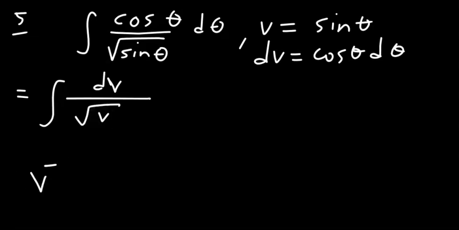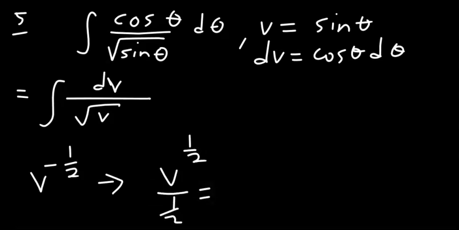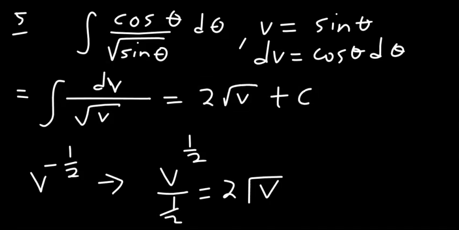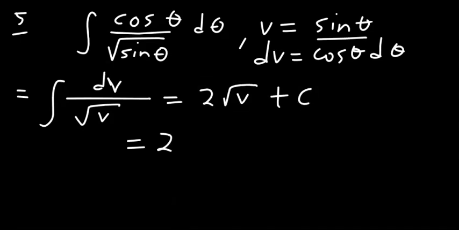So if you integrate v to the power minus half, this becomes v to the power half over 1 over 2, which is 2 square root v. And the answer here is therefore 2 square root v plus an integration constant. Putting back the expression for v, you get 2 times the square root of sine theta plus the integration constant.